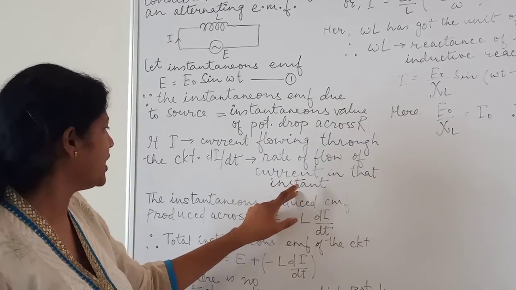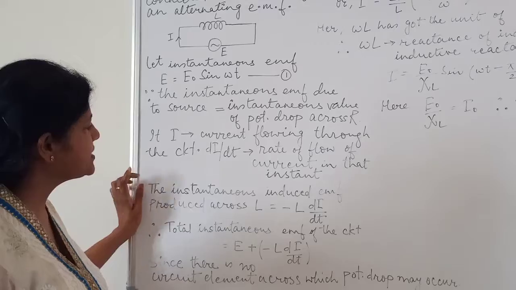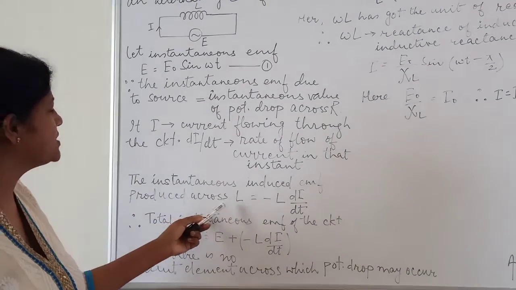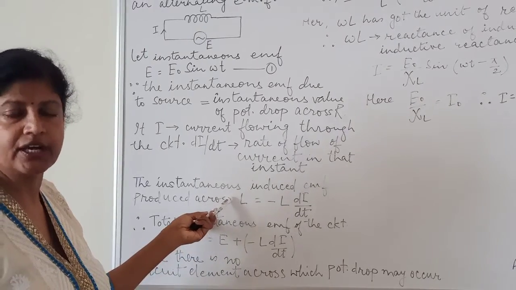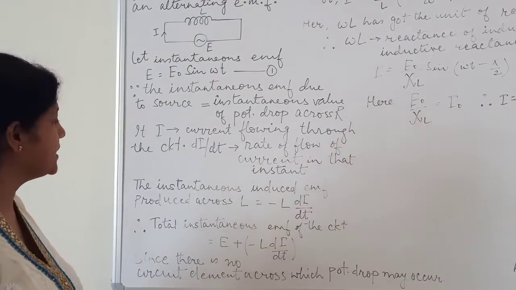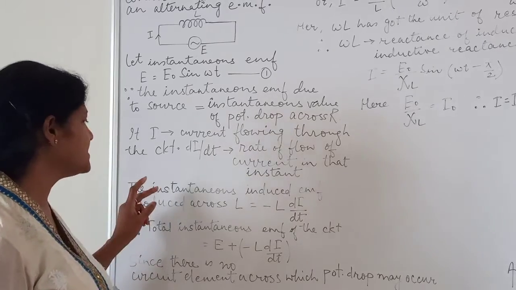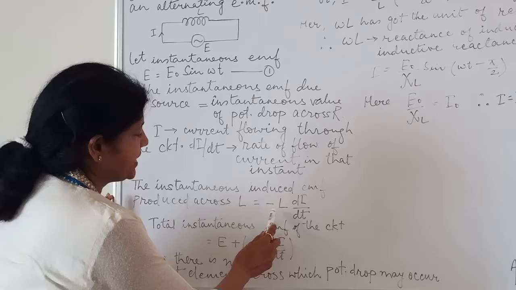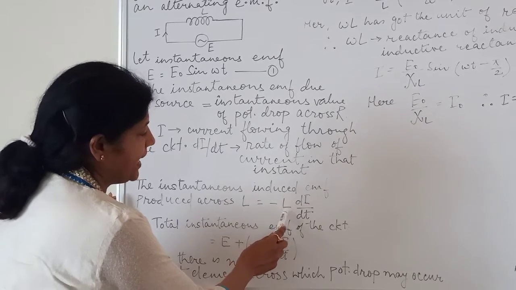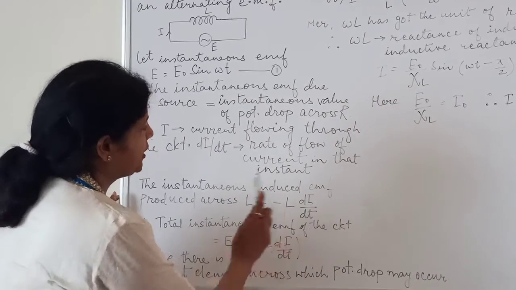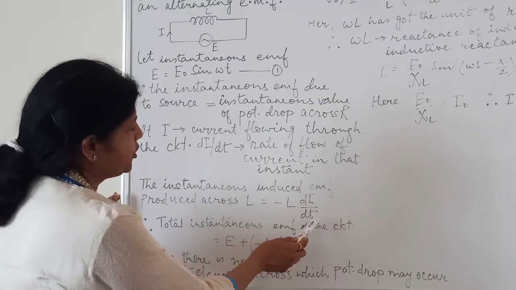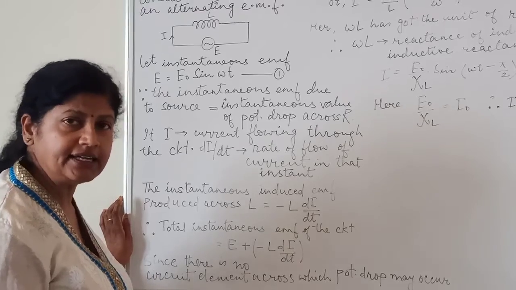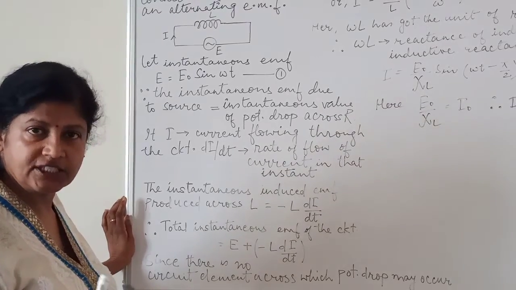So we can write the instantaneous induced EMF produced across the inductor as minus L di upon dt, where di upon dt is the rate of change of current in that interval of time.